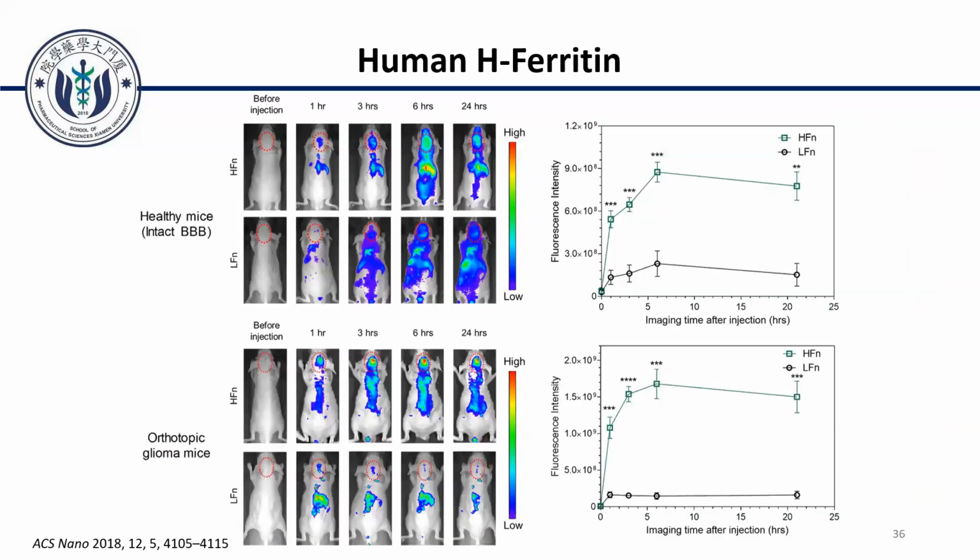It says that it can easily cross the blood-brain barrier and accumulate in the brain tumor. Here is one of the imaging proofs: by following the fluorescence intensity, it proves that this type of heavy chain ferritin can accumulate in the tumor area.